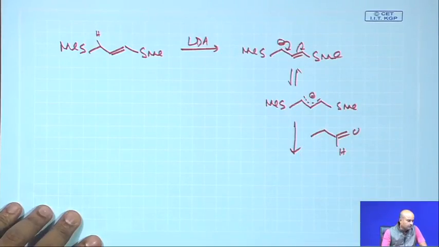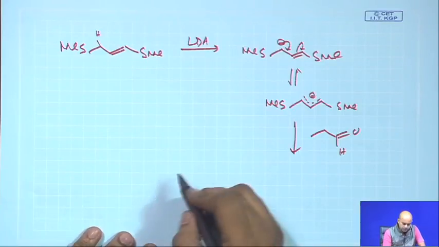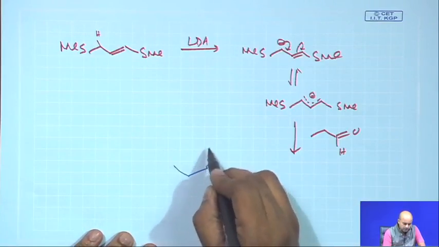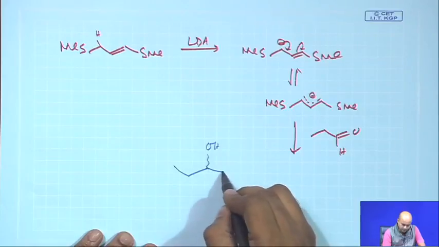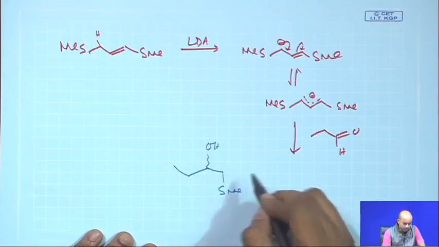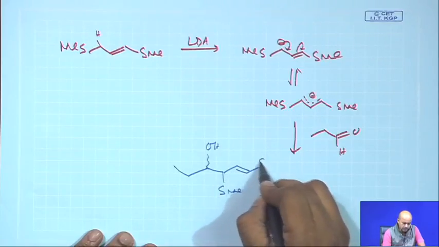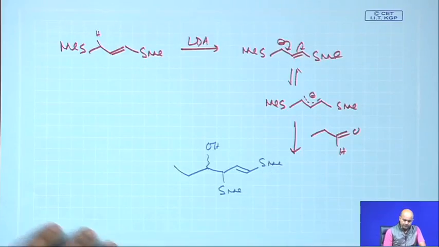So, N-propanol reacts and then initially what do you get? You get this OH, you get this SMe and SMe. Fine.